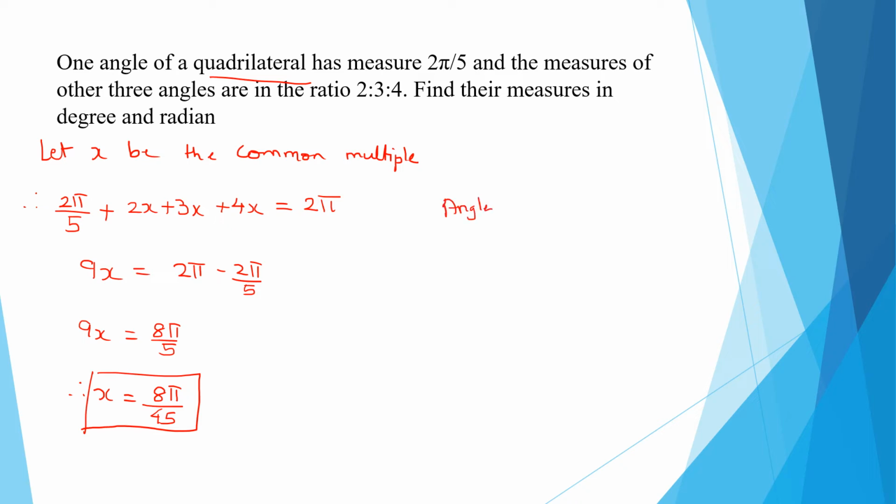The angles are 2x, so 2 into 8 pi by 45, then 3 into 8 pi by 45 and 4 into 8 pi by 45. I have found in radian. You will find the answer in degree. Understood? Clear everyone?